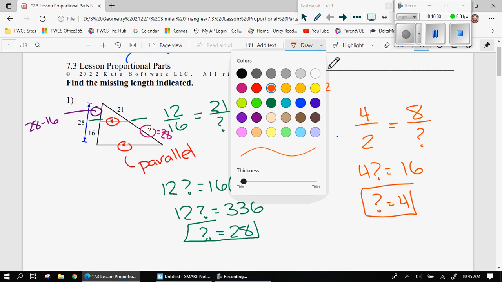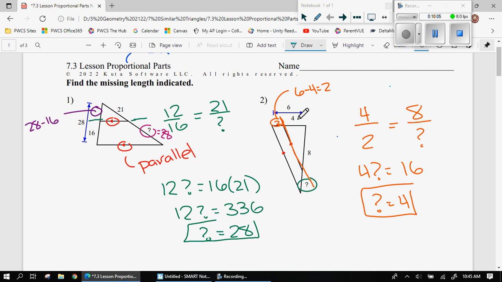Notice that both of the numbers that are on top of my fraction came from the same side of this middle line. And then I cross multiplied and solved to get that missing piece to be 4. I think that answer makes sense. It's smaller than 8. It looks like it's probably the same size as this one. That is 4. And so I think we can be pretty confident with our answer.